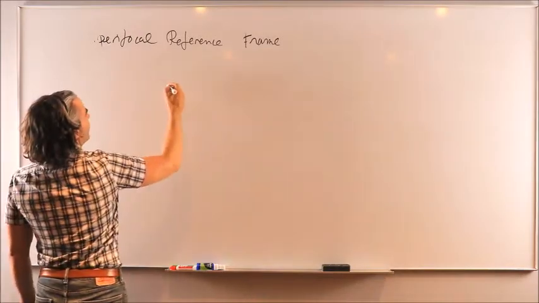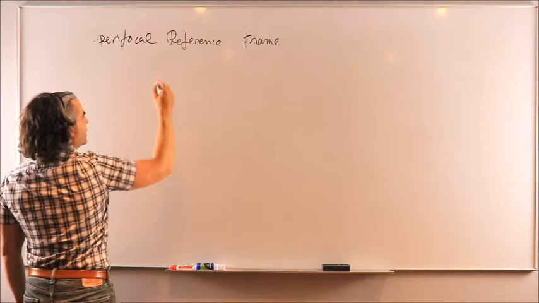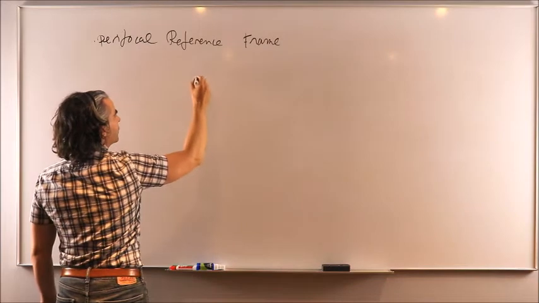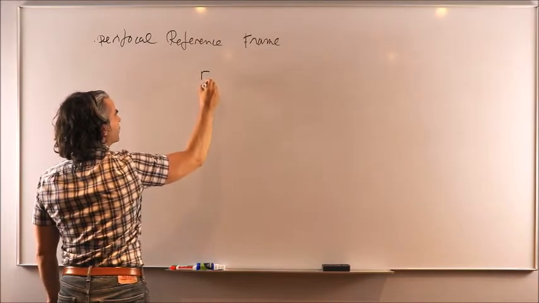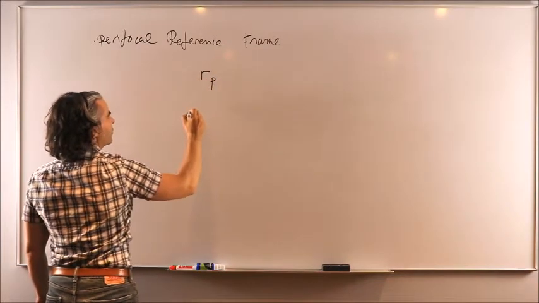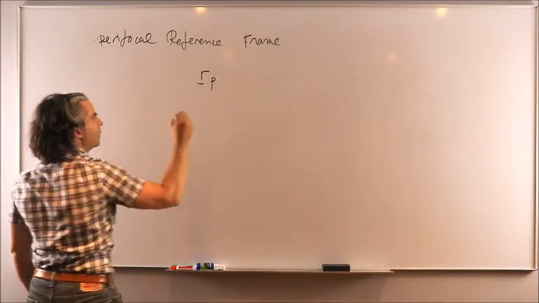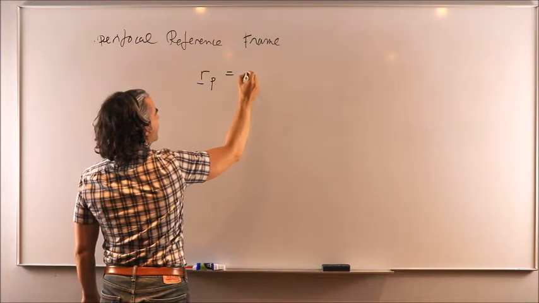Okay? So what it means is that you could then write completely the position vector inside this perifocal reference frame in terms of components.